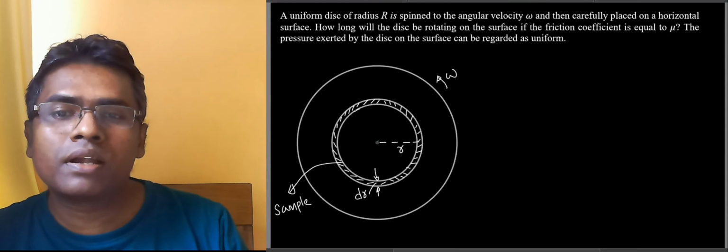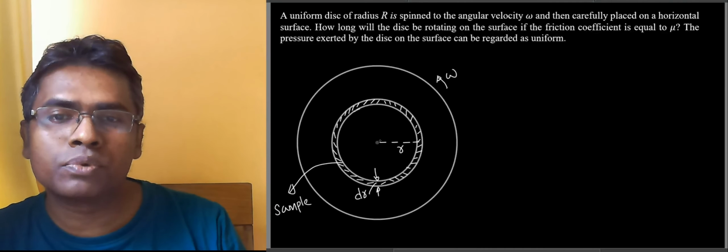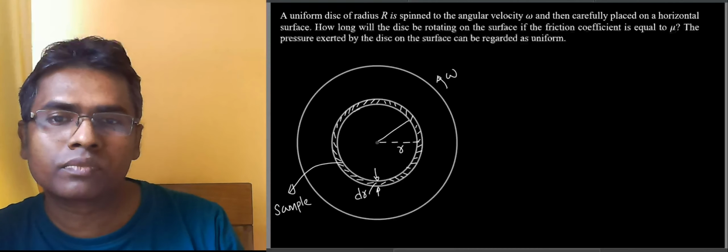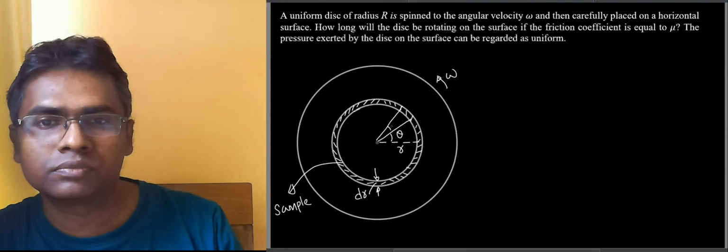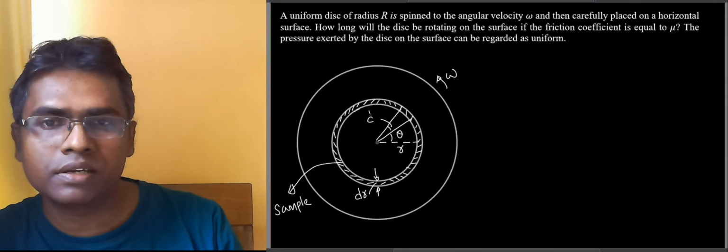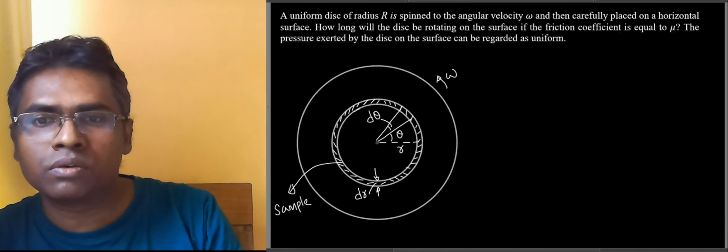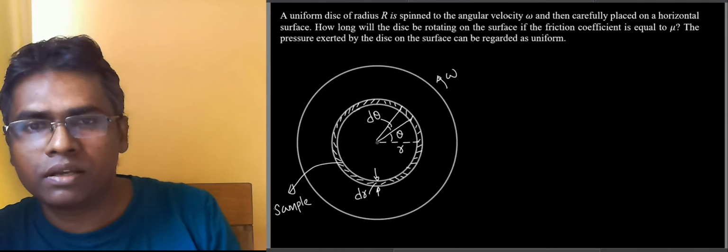So here you can take a position, angular position theta, and then select a tiny portion. This angle is d theta. Now, out of this sample ring, we are again taking a small section.